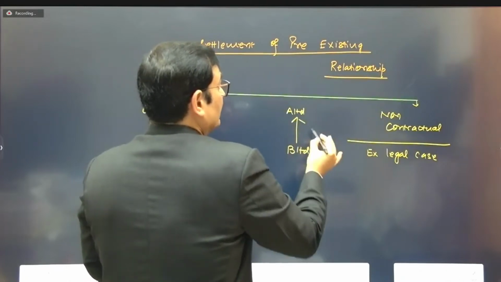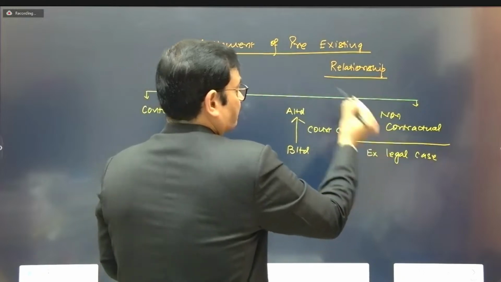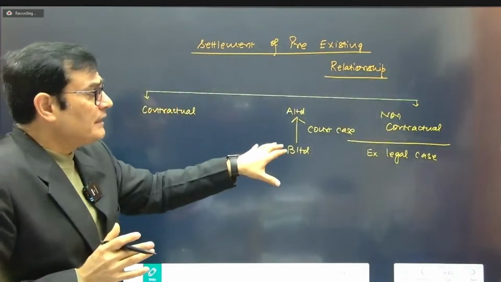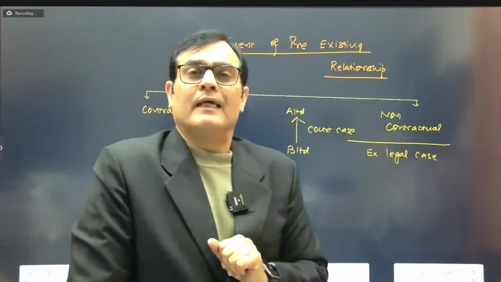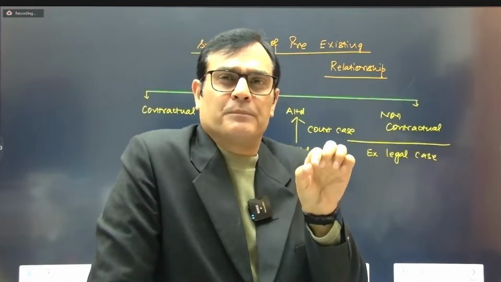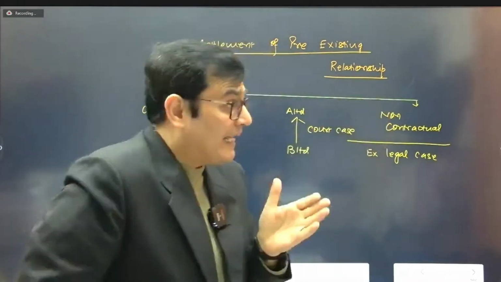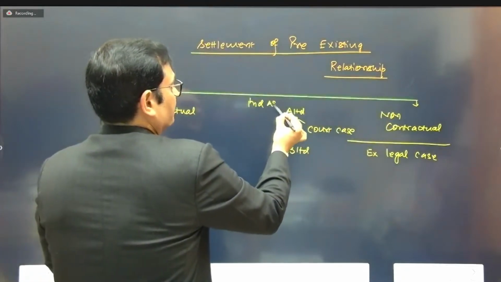Let's say B has put a court case against A. It can be the other way around as well. But let's say B, the acquiree company, has put a court case against A. And this is an existing relationship that B filed a case against A, putting a claim. And A decided by virtue of Ind AS 37.